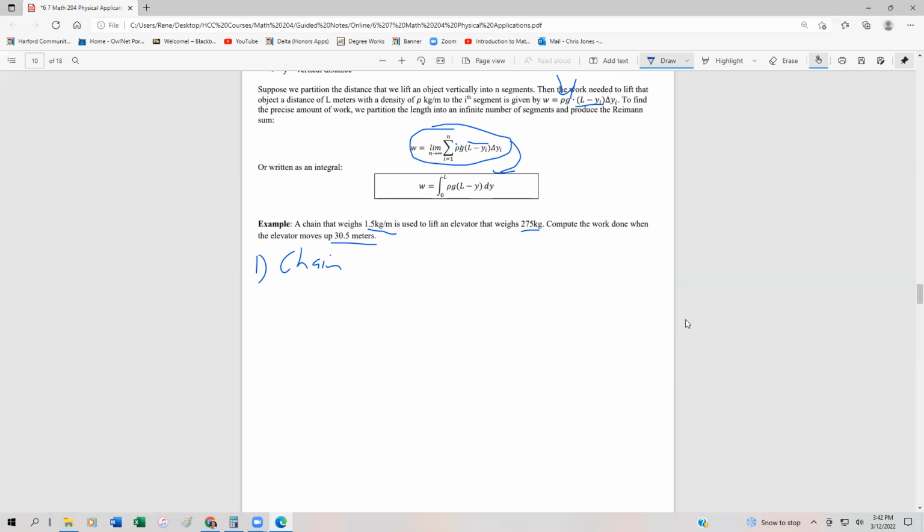And when we pull the chain up, let's just say that these are the links of the chain. As we pull it up, whatever this elevator shaft is, usually what's going to happen is the chain's going to go over here. And so as it goes up the elevator, some of the chain is going to be over this side.